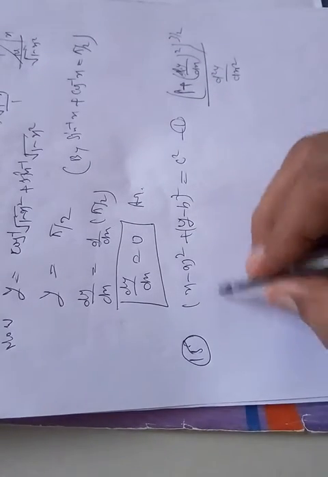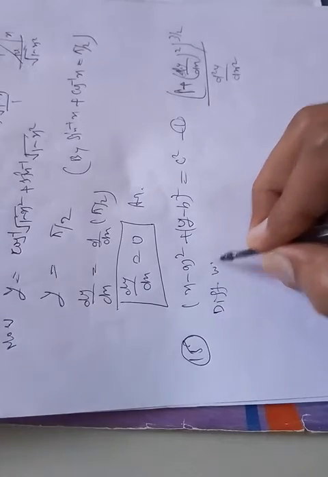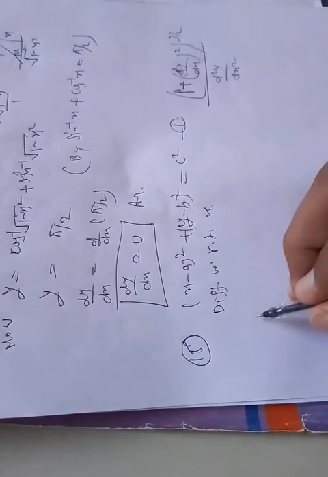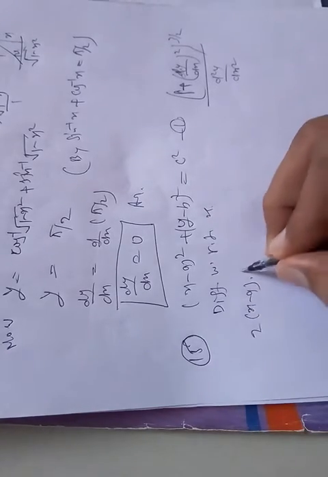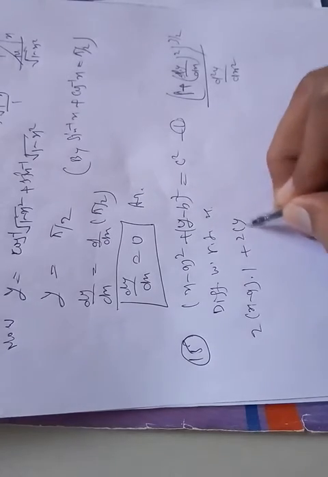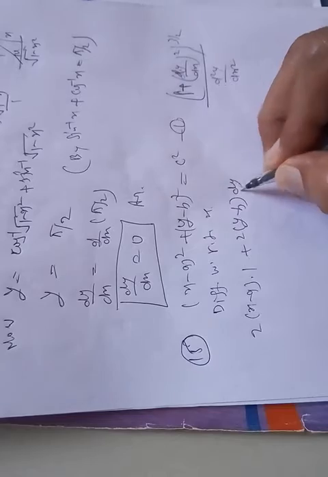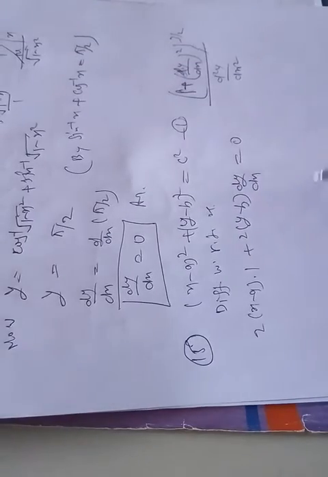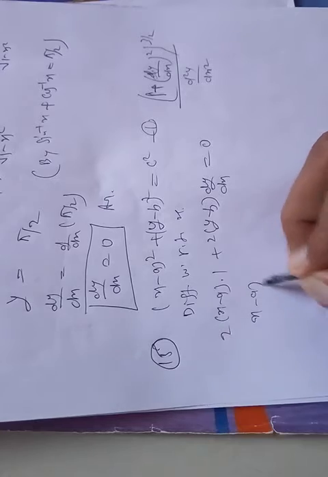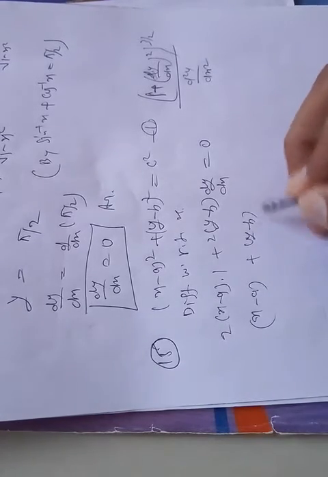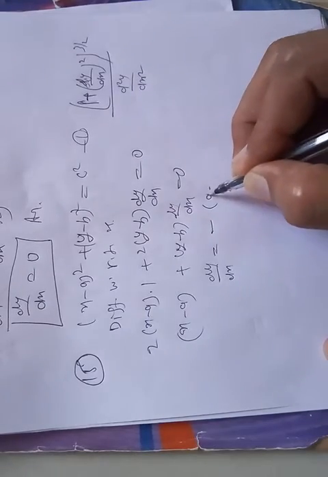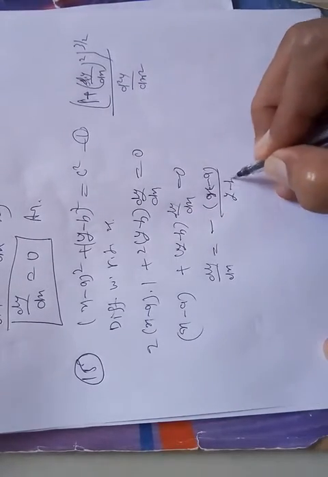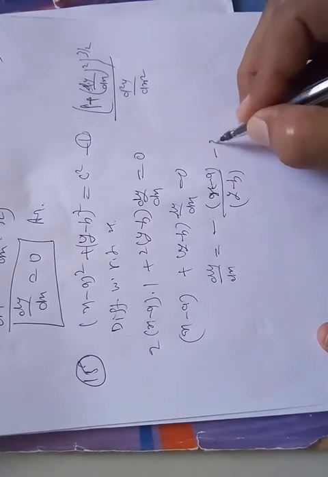So differentiate this function with respect to x: 2(x minus a) times 1, plus 2(y minus b) dy/dx, minus 0 equals 0. Taking 2 common: (x minus a) plus (y minus b) dy/dx equals 0, and dy/dx equals minus (x minus a) upon (y minus b). This is number 2.